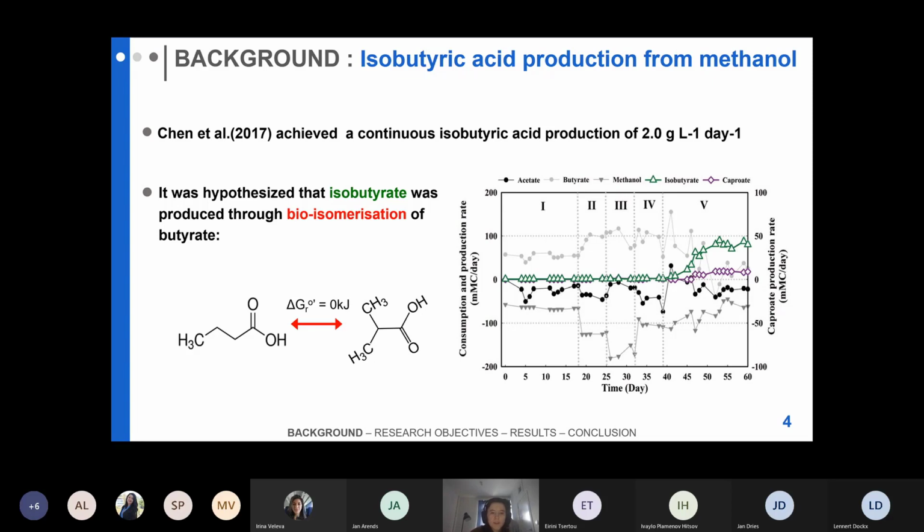And they hypothesized that isobutyric acid was produced via bioisomerization of butyric acid. But what is a little bit tricky is that if it is indeed produced through bioisomerization, this reaction doesn't bring any energy, so it's hard to understand why this compound would accumulate in the process.